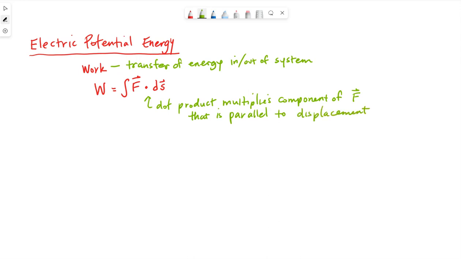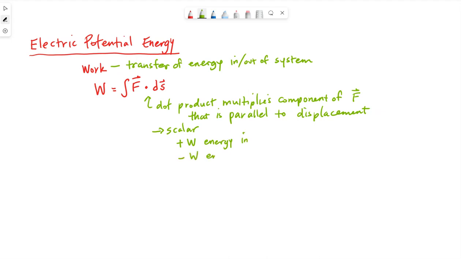Work was only done if the force did cause a displacement, so the object physically moved from one place to another. The dot product is also a scalar. It's not a vector. So positive work was when energy went into the system.